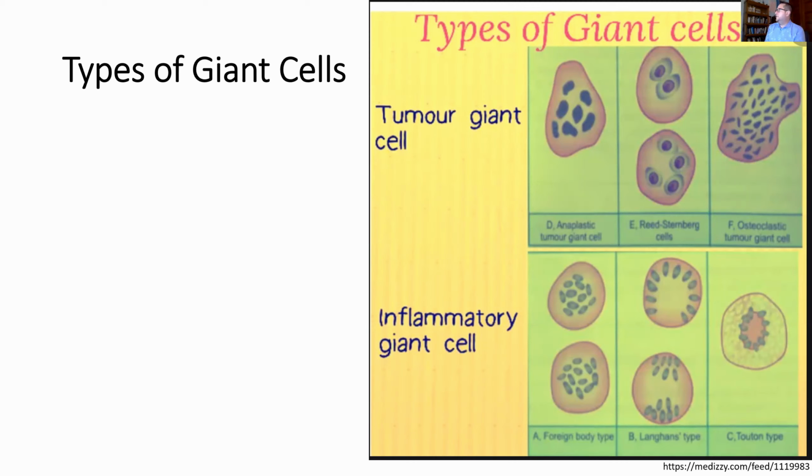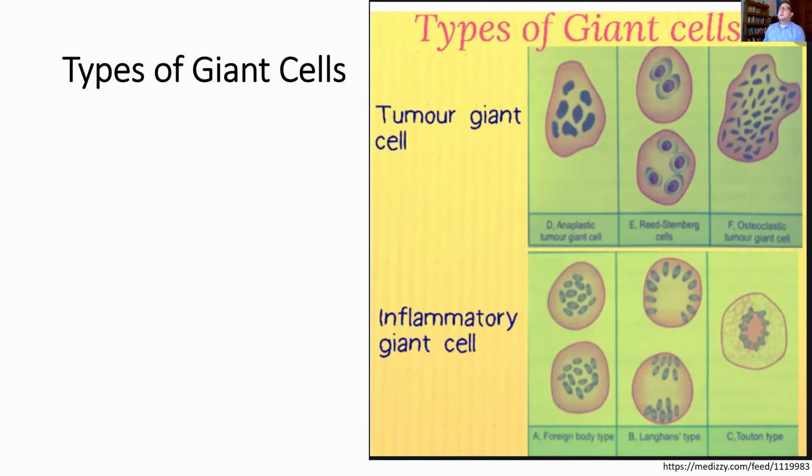You can have tumor giant cells in many types of tumor, melanoma, even in basal cell, rarely. And then osteoclastic means it just looks like a normal osteoclast, the bone-resorbing cells that we normally see in bone, but you can see them in tumors. That being said, these can also show up in inflammatory processes.